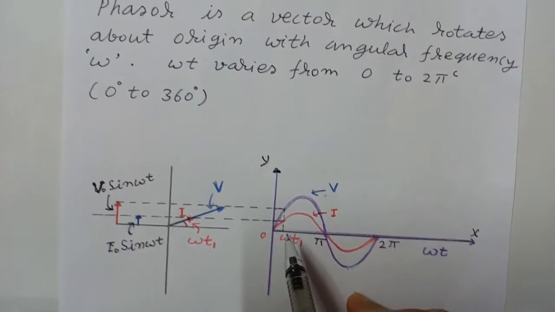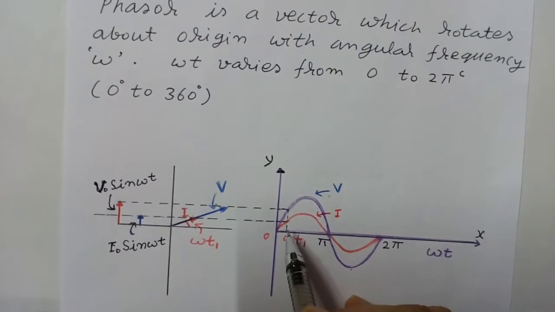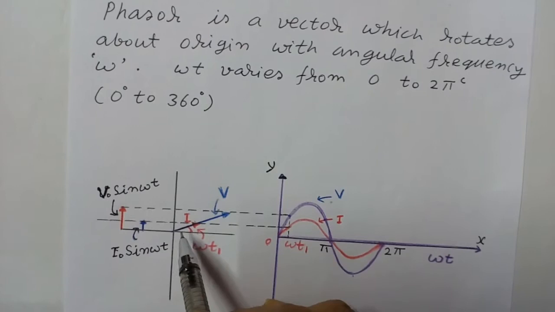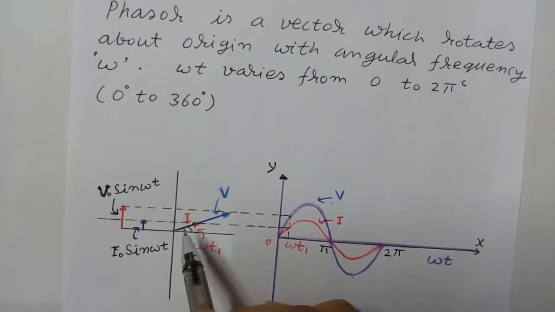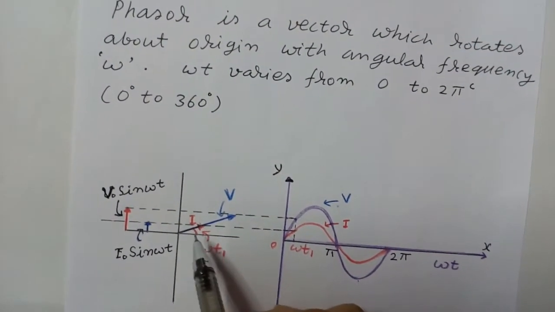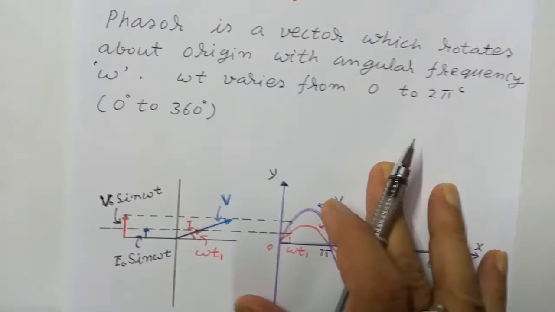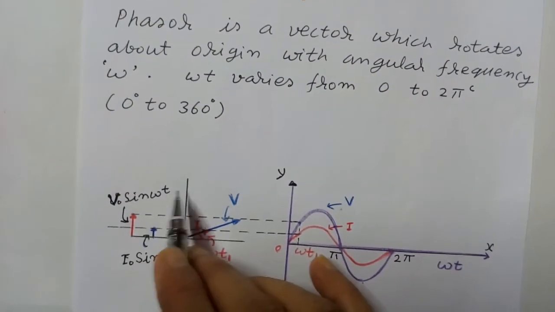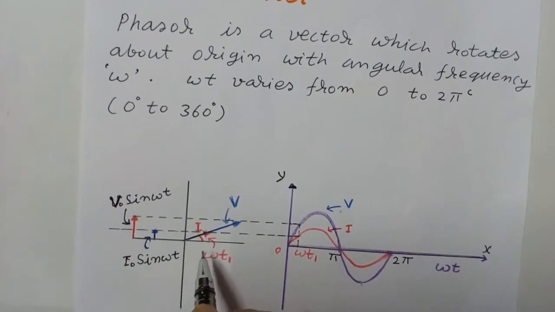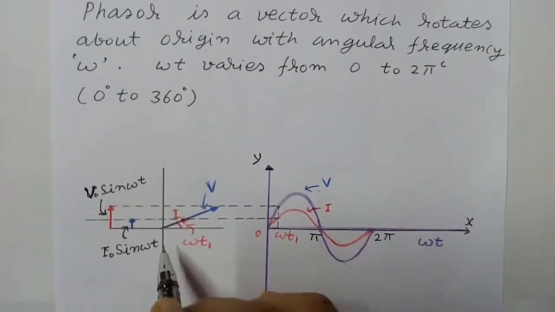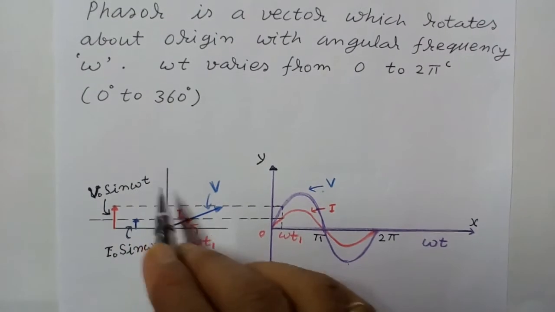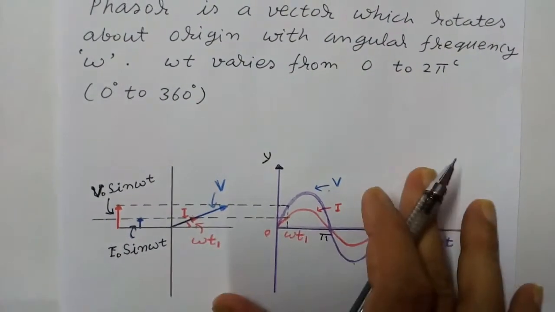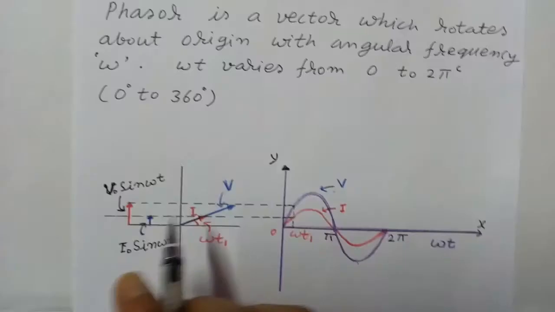Suppose at this angle omega t1, this is time t1, the orientation of V and I are like this with the x-axis. Now its projection on the y-axis will be equal to V naught sin omega t, and for I it is equal to I naught sin omega t. So V naught sin omega t and I naught sin omega t are instantaneous values of voltage and current at that time.